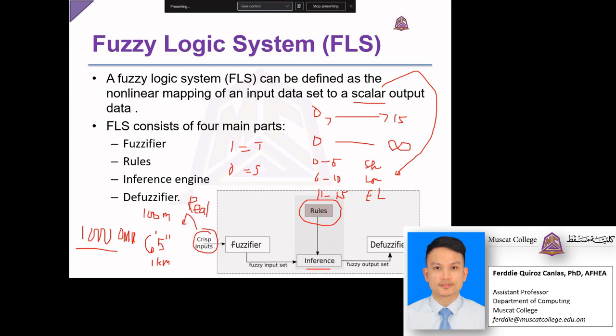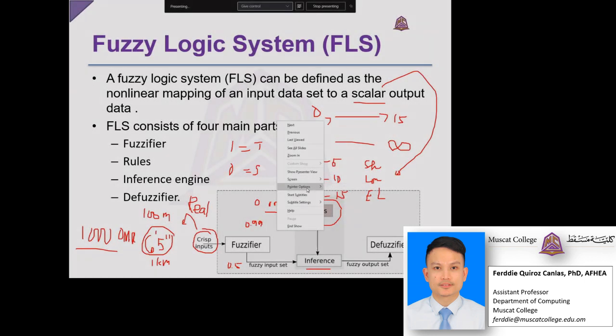These crisp inputs, we have to falsify them. When we say we have to falsify them, we have to convert these real inputs into either 0 or 1 or in between. So the output of the falsifier is the conversion of these real life values into 1 or 0. Maybe after falsifying, 6'5" will be represented by, let's say, 0.99.